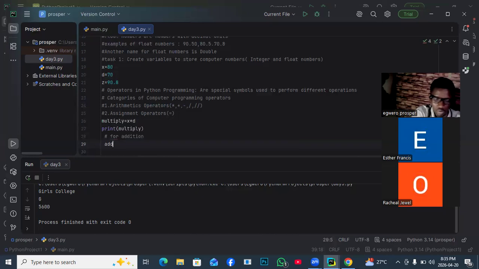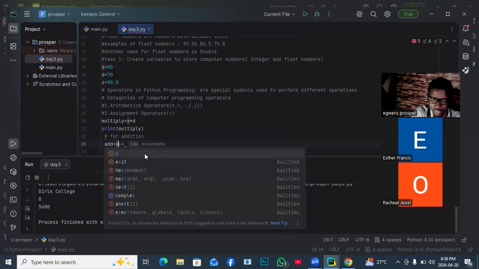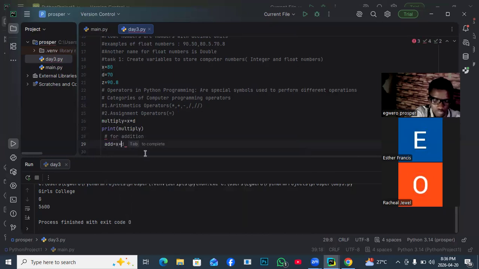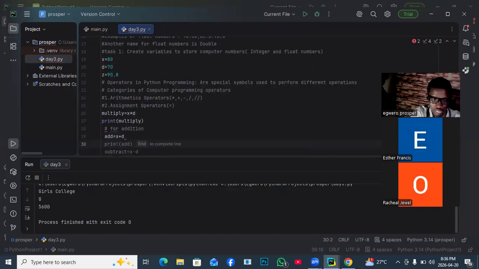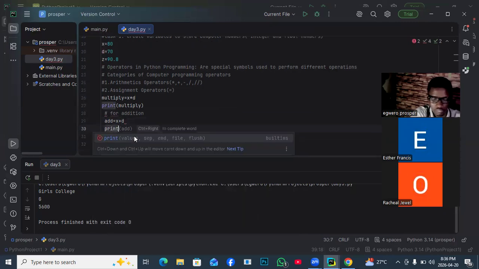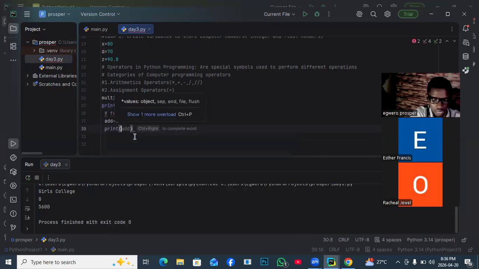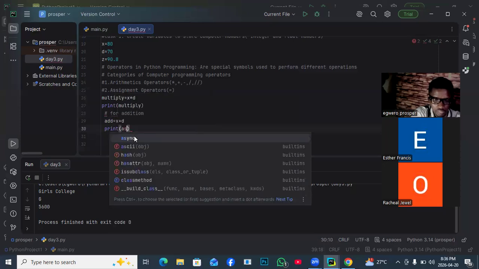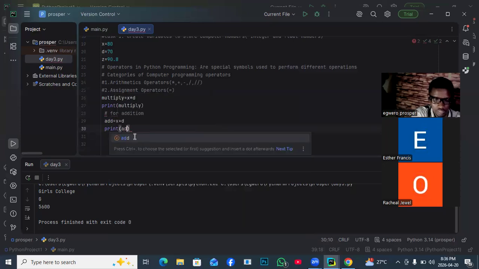So I will say variable add equals to the value in X plus the value in D. Then Python prints out the calculated value. Print add. Let's run it and see.